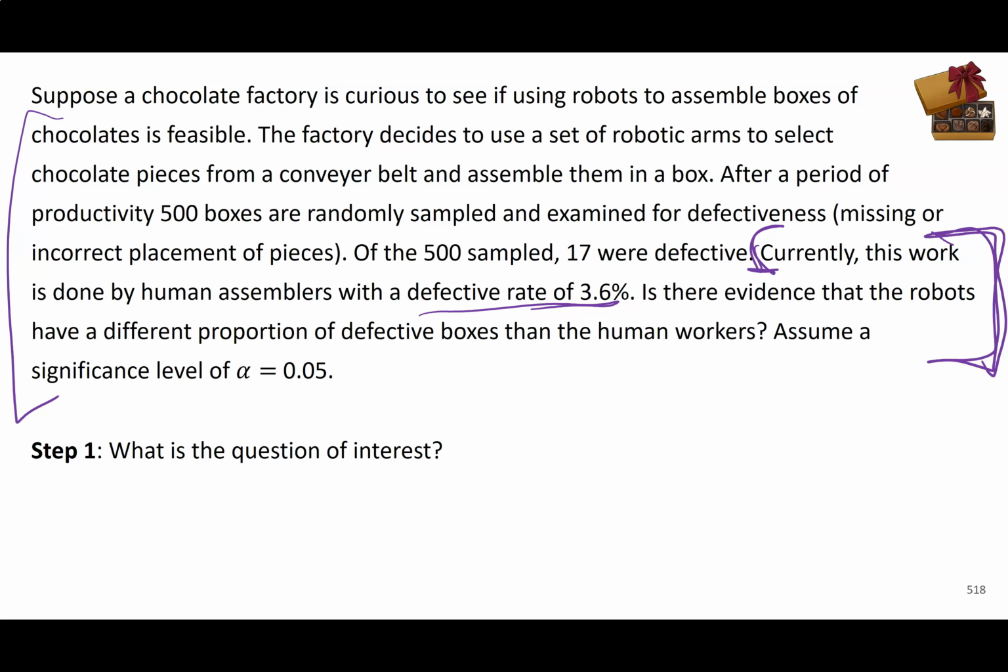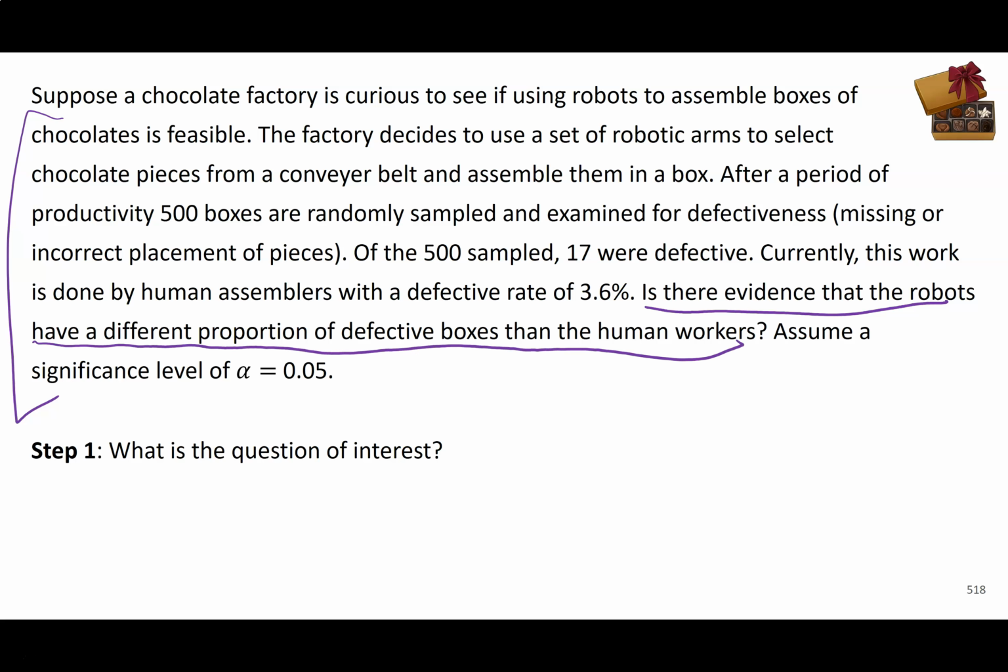We want to know, is there evidence that the robots have a different proportion of boxes that are defective than the human workers? And so it gives us a significance level. That's great.